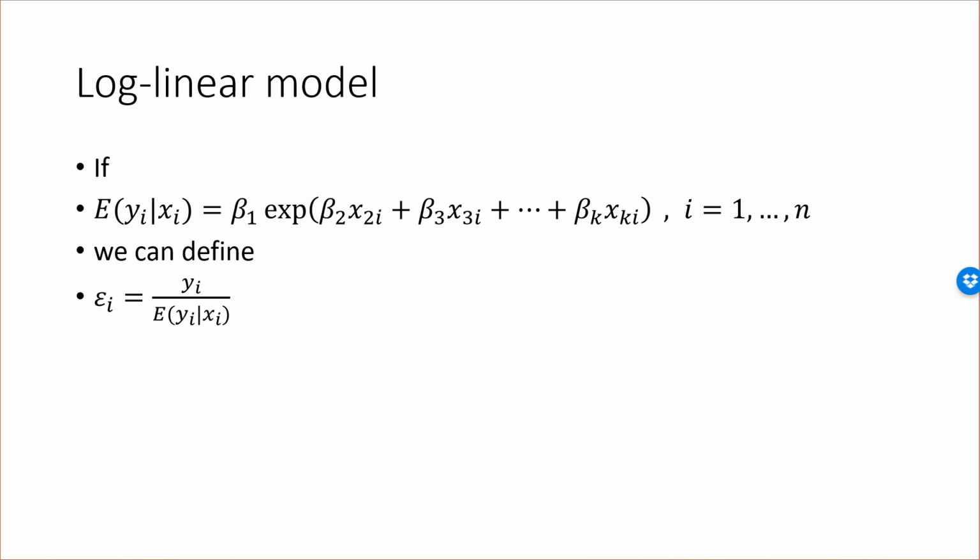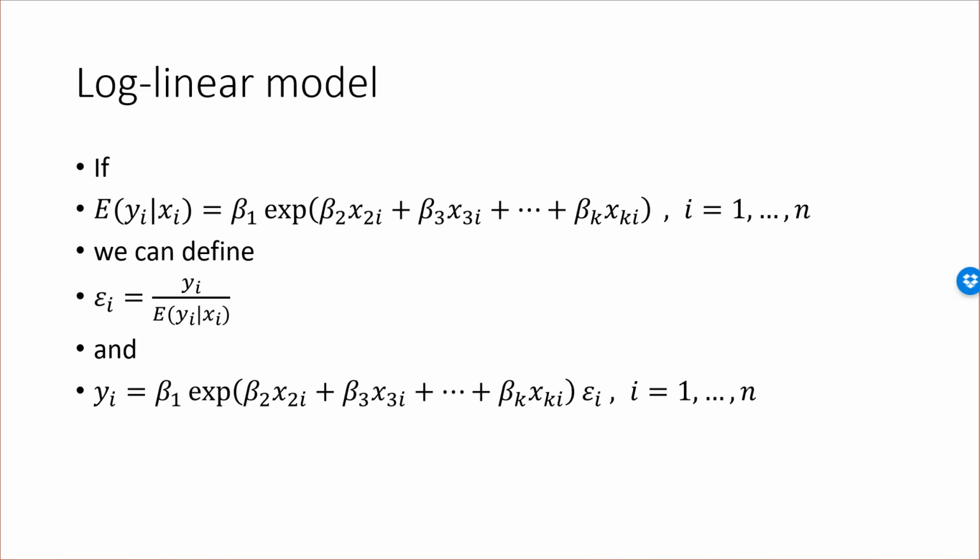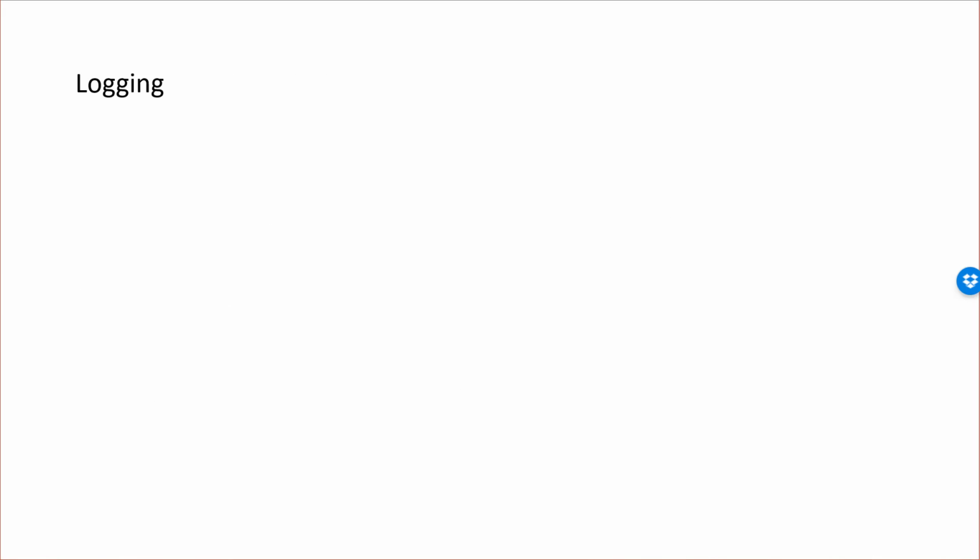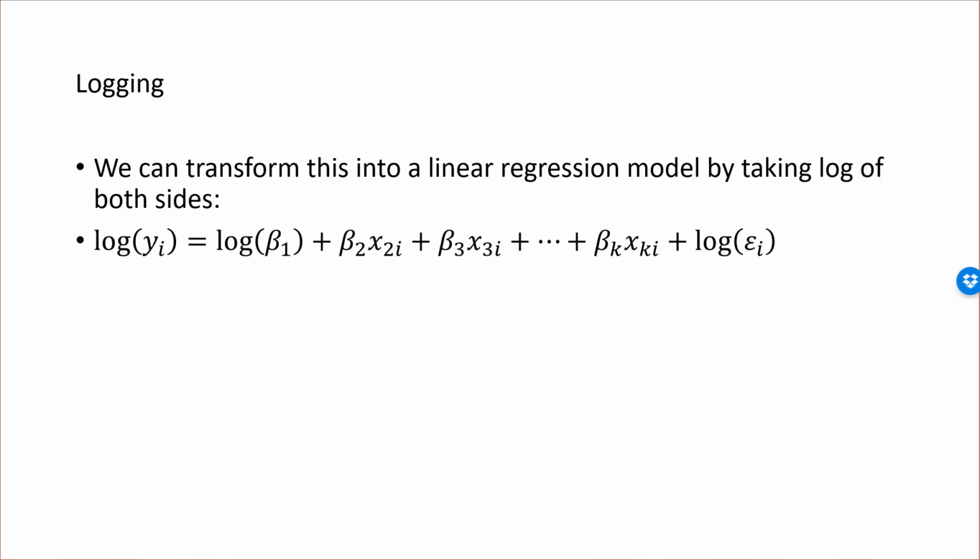Multiply both sides of this by the expected value of y_i conditional on x_i, and we have the complete model. So this is our DGP, our data generating process. Can't do much about this one. We don't really have any way of estimating parameters of such a model, but we can fix that by logging both sides. So if we log both sides, we get this result.